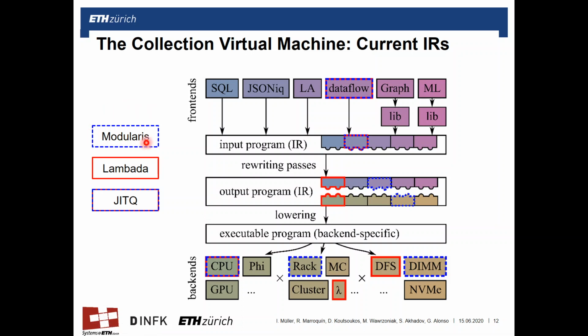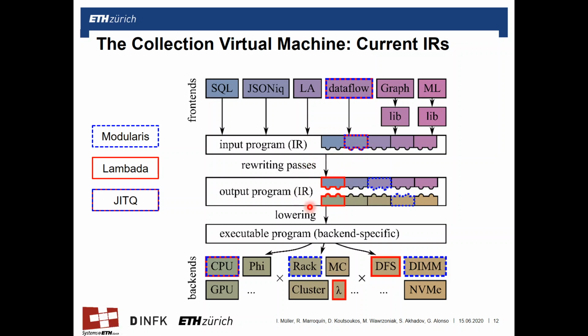We have implemented Modularis, which targets RDMA clusters, Lambada, a system that targets serverless cloud infrastructure, and JITQ, a system for single core in-memory execution. All of the 3 systems share a common frontend that is based on a Python interface for generic data flow computations, which translates the user program into an initial intermediate representation.